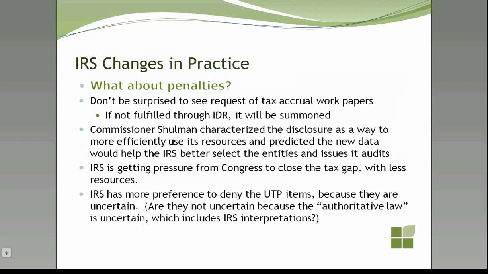And you sit there and go, well, there's really no explanation why. Well, if you're familiar with those types of exams, that's some of their arguments: it's disqualified because it's uncertain. And again, it gets back to they're uncertain because the authoritative law is uncertain. Well, that includes IRS interpretations and their documentation. So you're going to have a hard time.